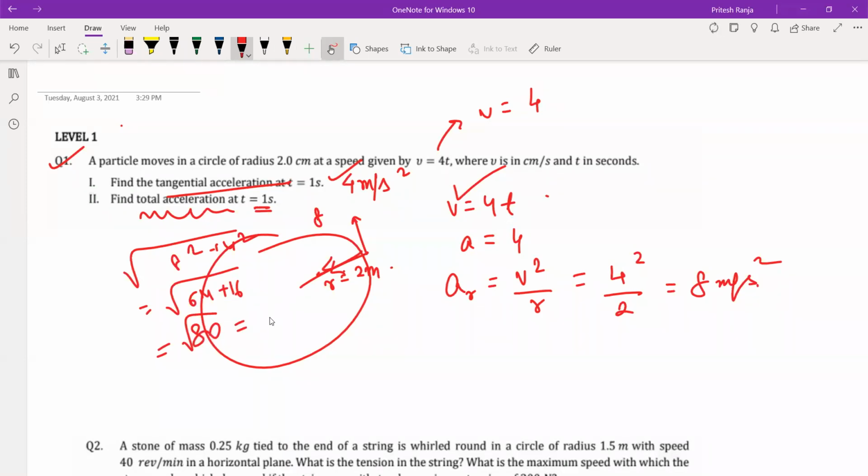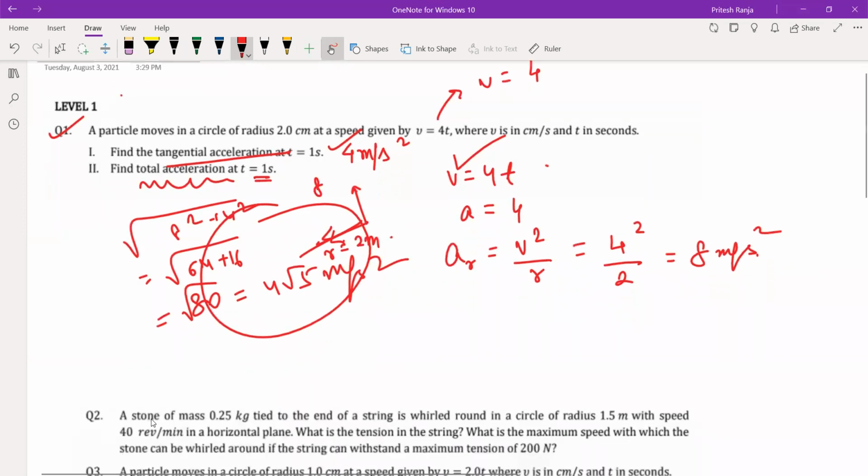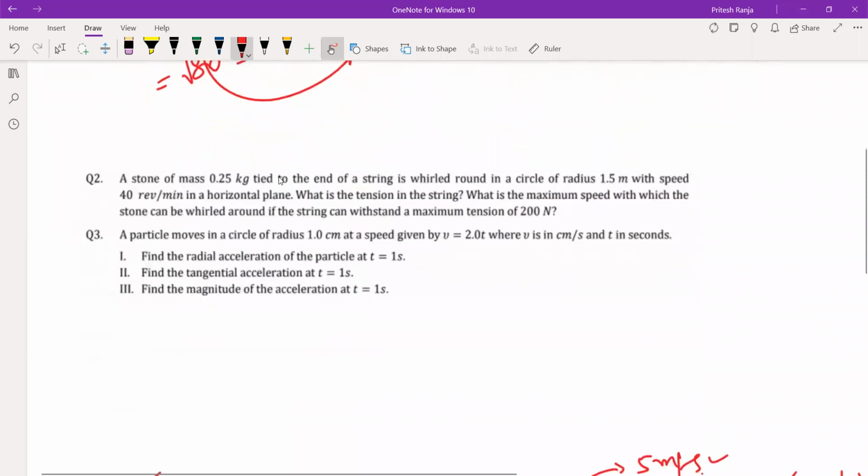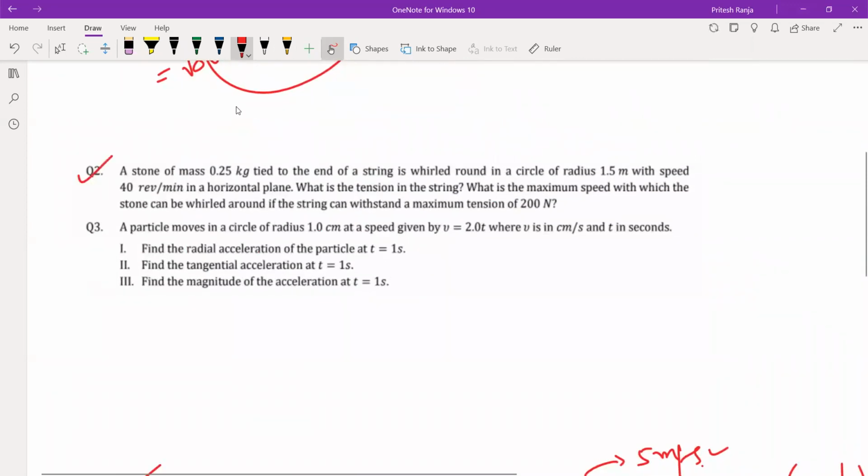So this will be 4 root 5 meter per second square. All right. Number 2 now we will do. Quickly, guys. Number 2. Number 3 there is no need to do because we have done just now.